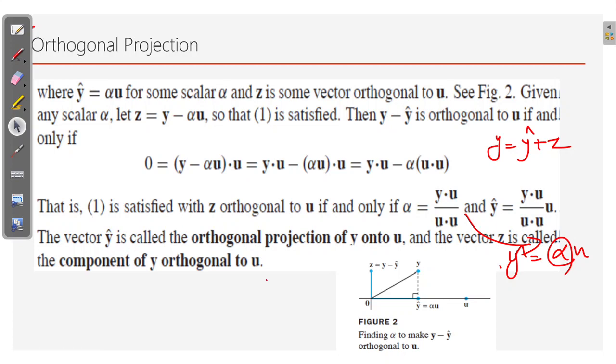The vector y cap is called the orthogonal projection of y onto u. The vector z is called the component of y which is orthogonal to u. That is what I mean by orthogonal projection of y onto u. That is the definition.